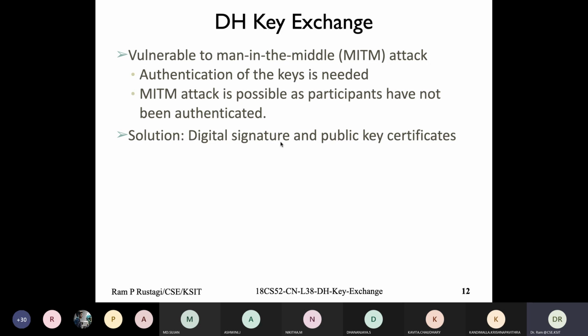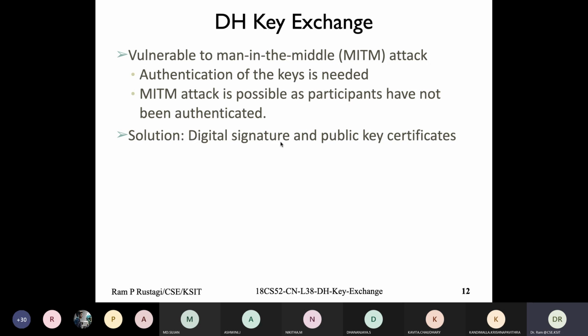Someone in the middle can mimic and partition the two parties. So it is used with public key certificates and digital signatures, so that Bob has to be absolutely sure that the message is coming from Alice and not from a middleman. Similarly, Alice needs to be absolutely sure that the box is coming from Bob, not someone in the middle. That is done using digital signatures.